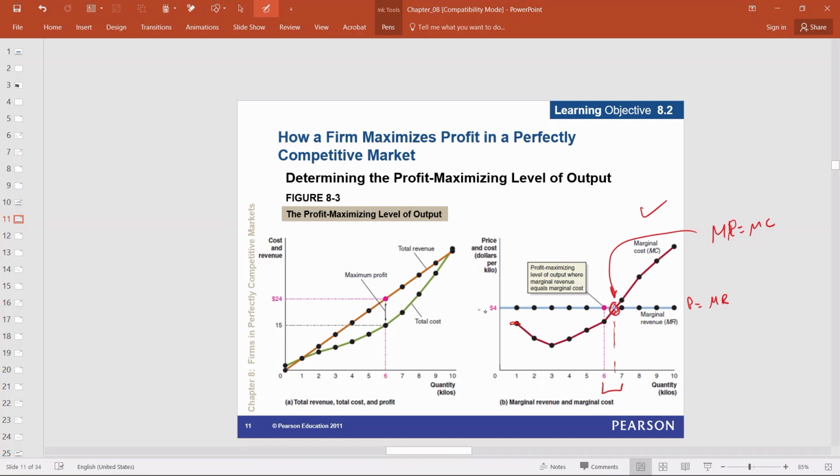See here, we have again curves for total revenue and total cost. This is total revenue, and this curve is for the total cost. If you plot them in Excel, you will find that the maximum difference could be somewhere here between 6 and 7. This is the maximum difference. So here total revenue minus total cost gives you max profit.